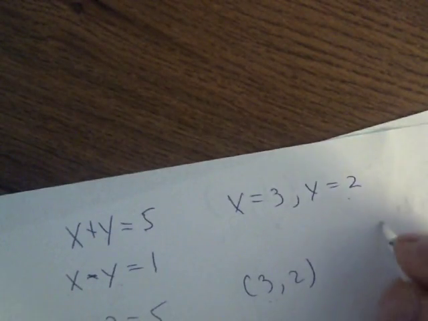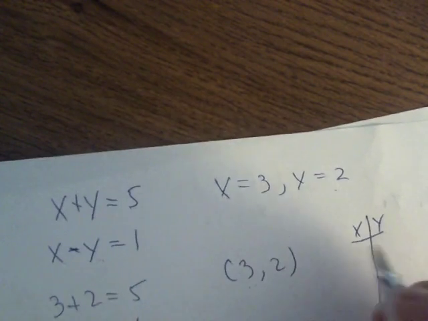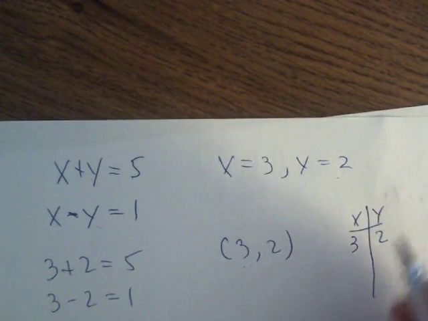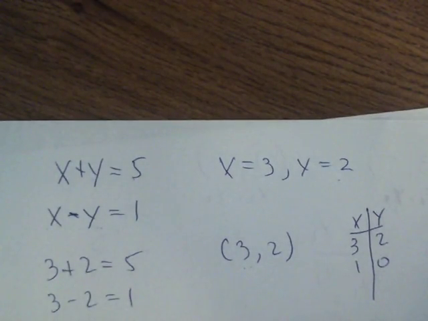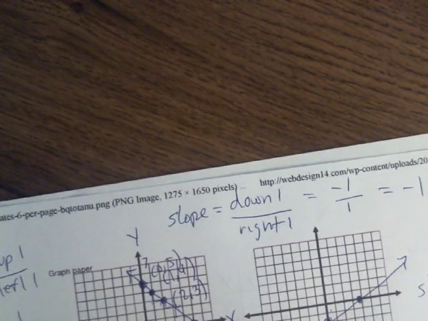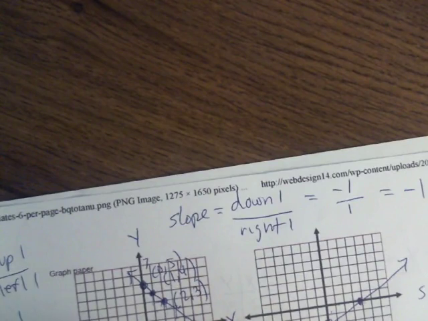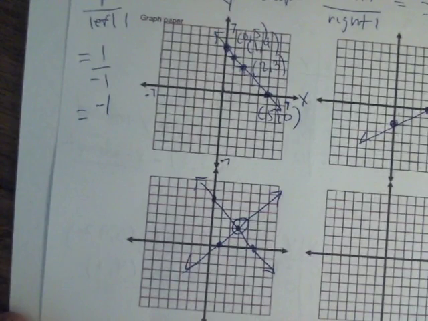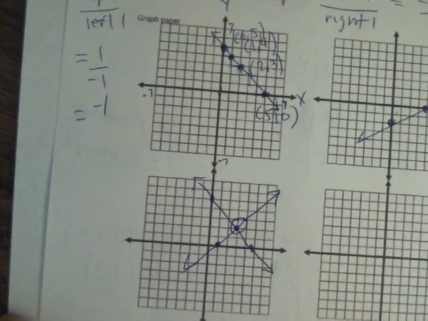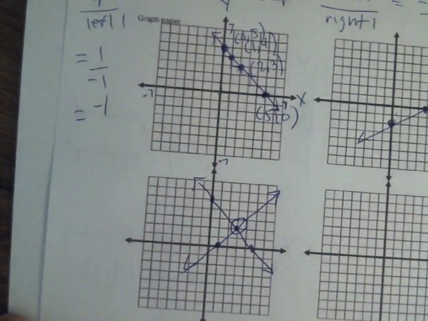And then if I looked at x minus y is 1, well, we know 3 and 2 works, and so does 1 and 0, because 1 minus 0 is 1. So that's where they cross, and that's the point they share. Lines can't cross more than once, so there's at most one point of intersection. That's one way you can graph these.